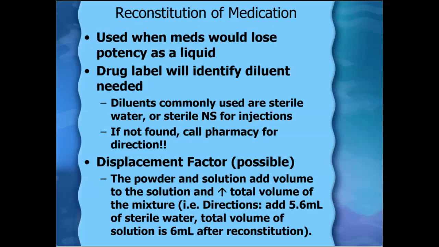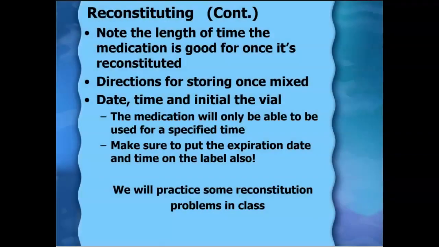Again, the powder and the solution will add volume, so it increases the total volume of the mixture. For example, if we add 5.6 mLs of sterile water to the powder, the total volume that you're going to be administering to the patient after reconstitution would be 6 mLs, okay? Again, that's called the displacement factor.